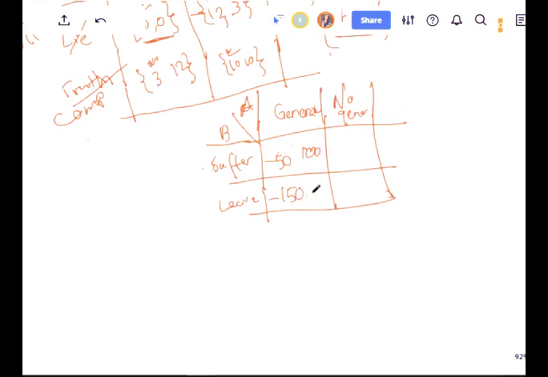The generator person still gains 100 satisfaction. If there is no generator, he loses satisfaction, so he gets minus 100. This is noise free. If there is no generator, he loses 100. And this person, if she leaves, loses 150. Sorry, this is minus 150.